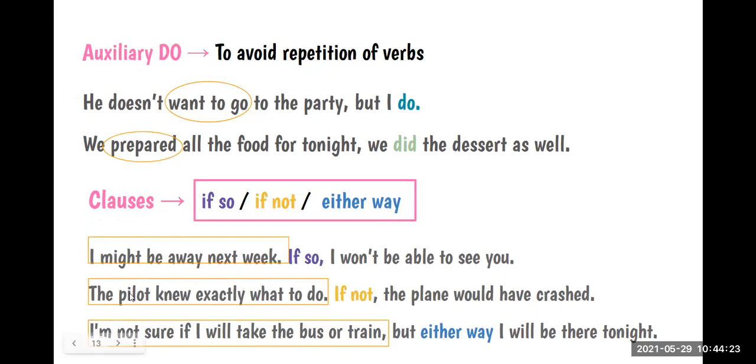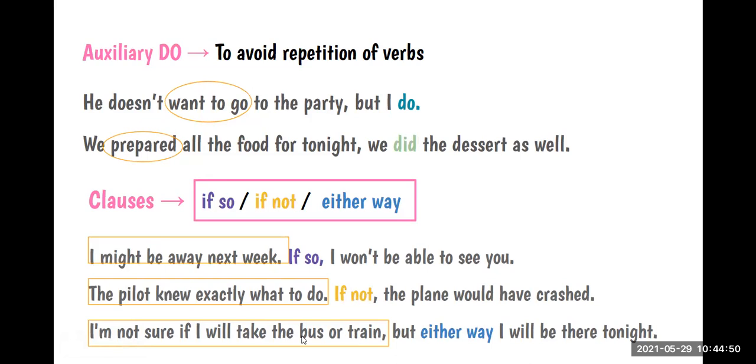Por ejemplo, el piloto sabía exactamente qué hacer. Si él no supiera lo que había que hacer, el avión se estrellaría o se hubiese estrellado. ¿Ok? Entonces, esto es para oraciones afirmativas, para oraciones negativas, y este es para cuando tenemos dos opciones.